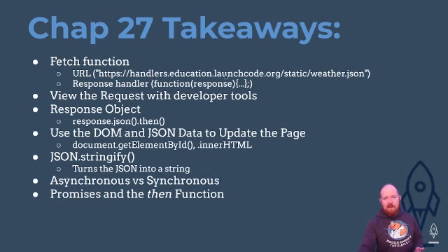An example URL is the one they gave us from the book with the weather. For the response handler, you can write function, parentheses, response, brackets. In my examples I used the arrow notation, an arrow function. So just know that you can do it either way.